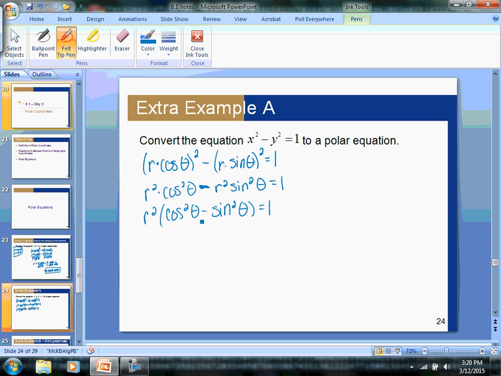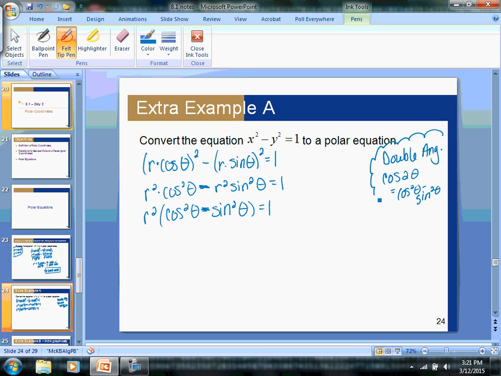Now, this cosine squared theta minus the sine squared theta, that's actually part of one of our double angle formulas. Our double angle formula for cosine 2 theta is actually cosine squared theta minus sine squared theta.